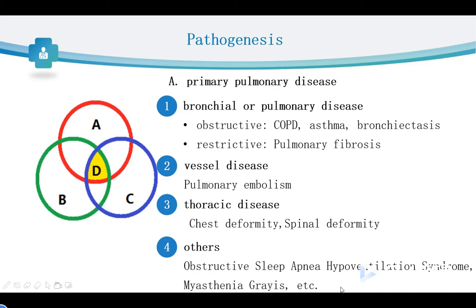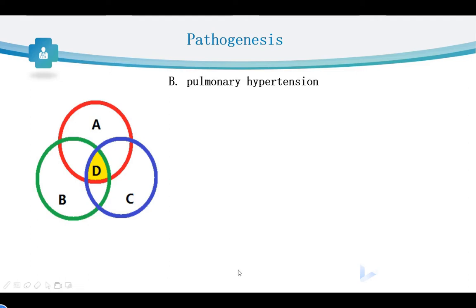Others including the OSAS, obstructive sleep apnea hypopnea syndrome, and so on. And all of these above diseases can finally result in the pulmonary hypertension.